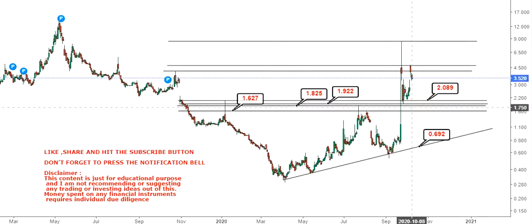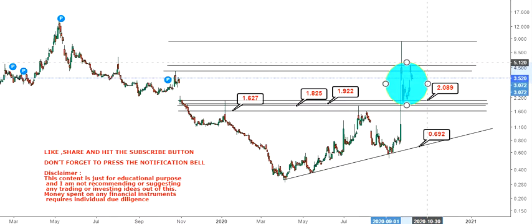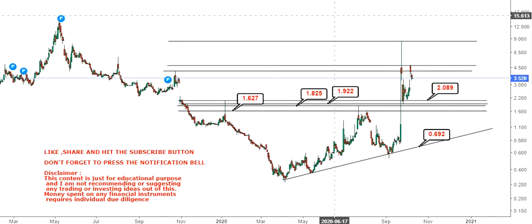So understand these are the levels, and whether you are comfortable taking this kind of risk on the downside. But looking at the current trade in a simple way, this is the level inside which it's probably going to consolidate. How long will it consolidate? Nobody knows.